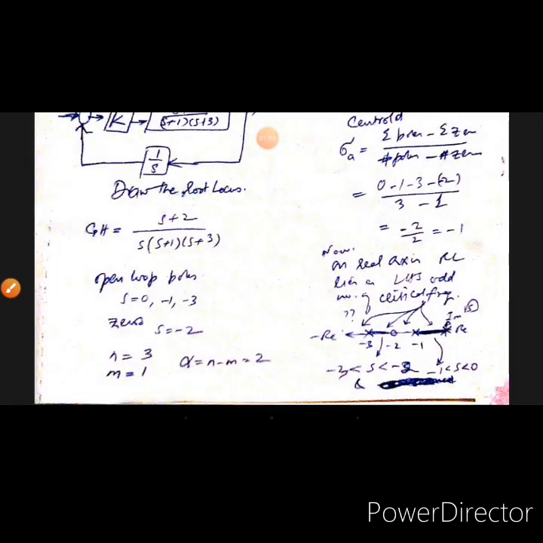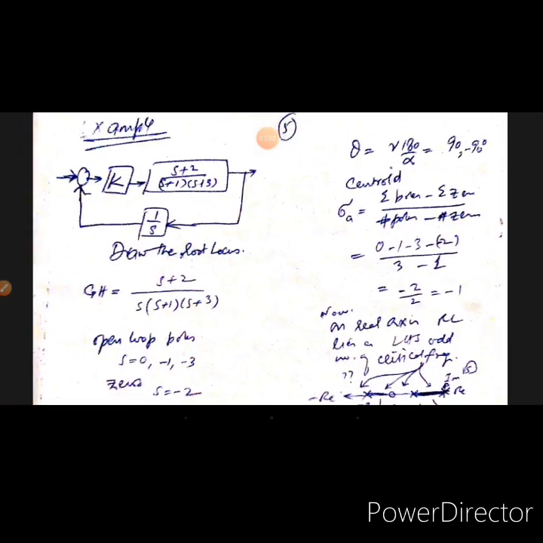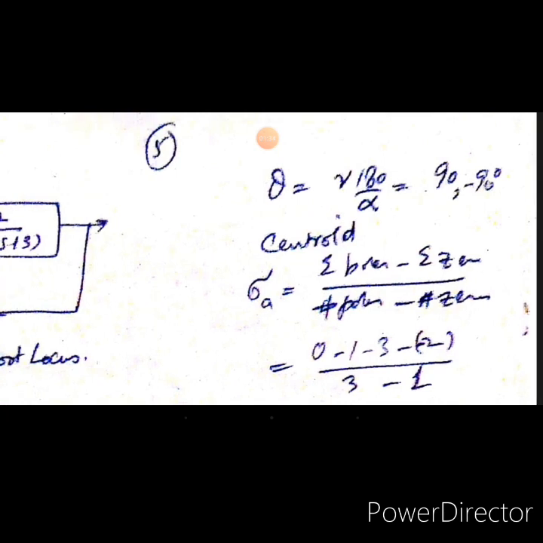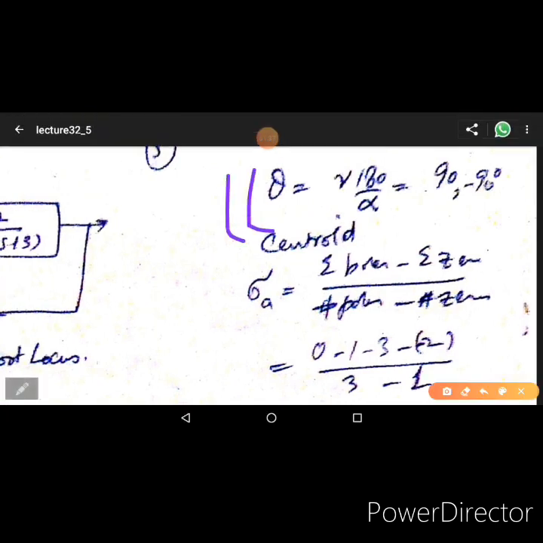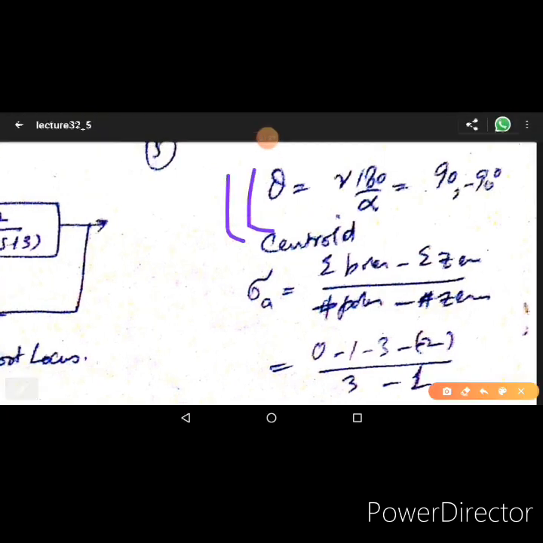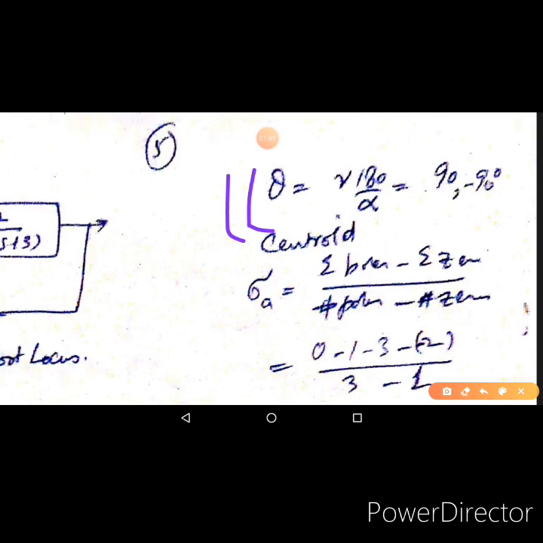Now the angle of asymptote is obtained from theta equal to r 180 upon alpha, and we put alpha equal to 2 in it, so we get the angle of plus minus 90 degrees.